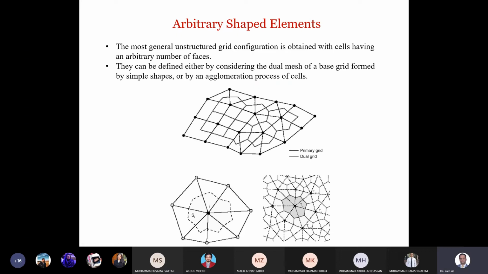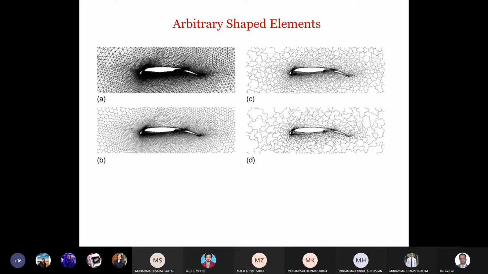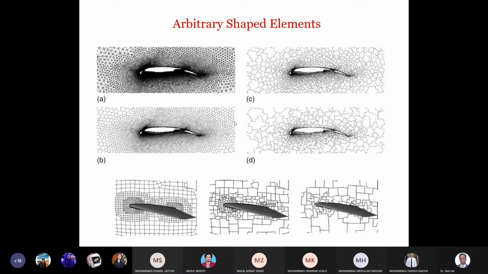Then you can have arbitrarily shaped elements as well, but of course you need more experience to generate those kinds of meshes. An example of arbitrarily shaped elements: we have these polygons or these other types of polygons over here.